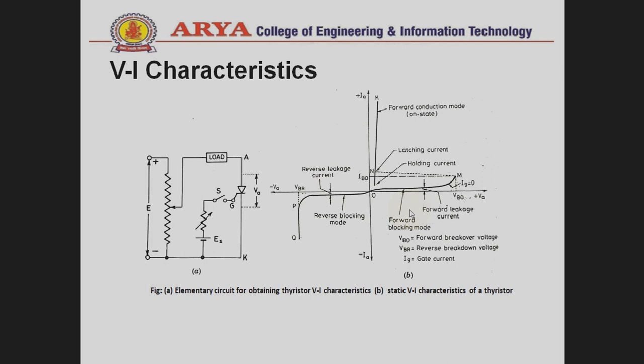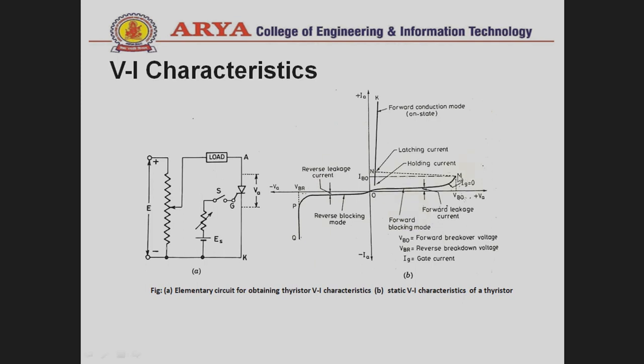Since the thyristor is made from silicon controlled rectifiers, it works just like a diode. So SCR is a unidirectional device which can flow current only from the anode to cathode.